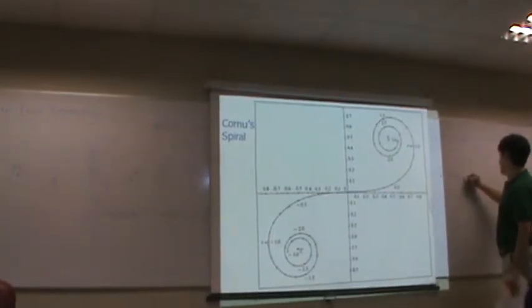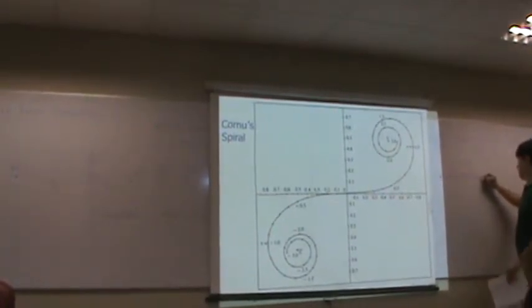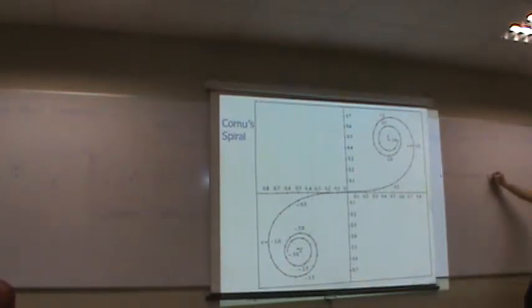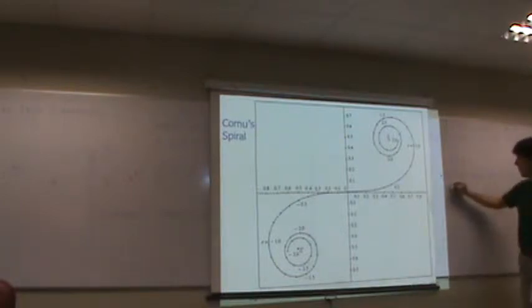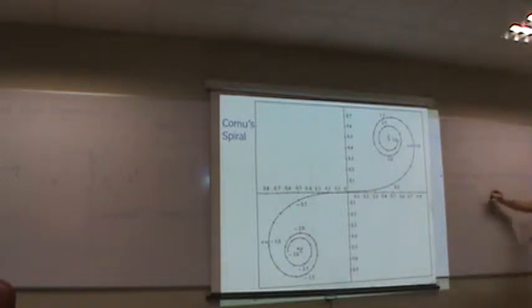A vector drawn from the origin to any point, in this particular case 0.8 for our example, represents magnitude and phase of this equation.